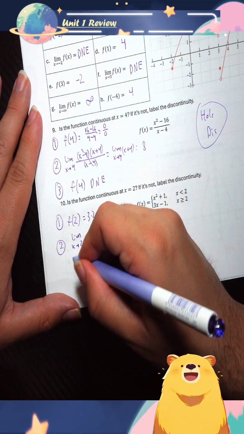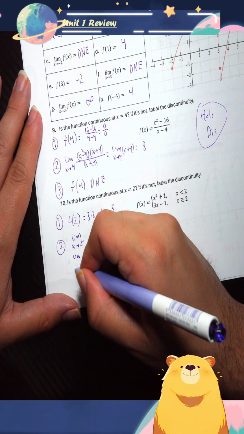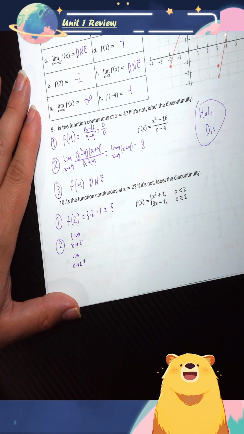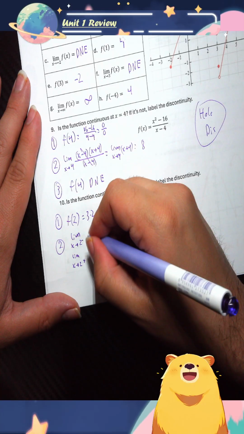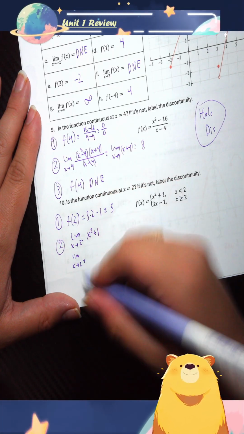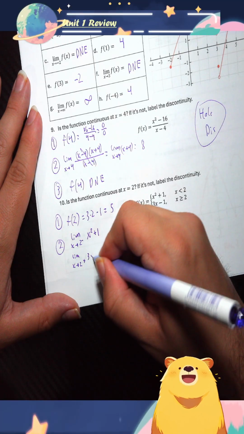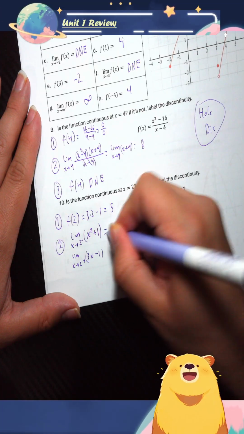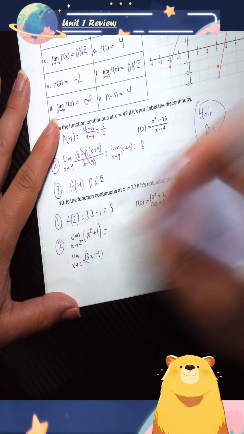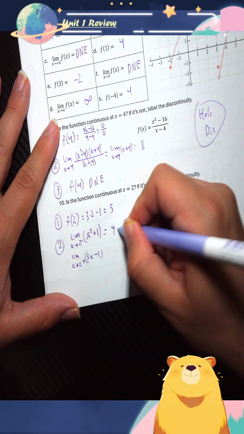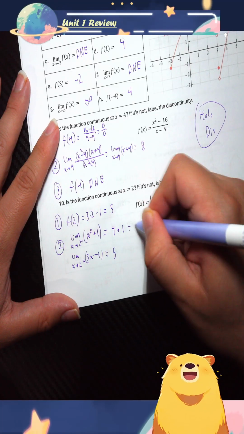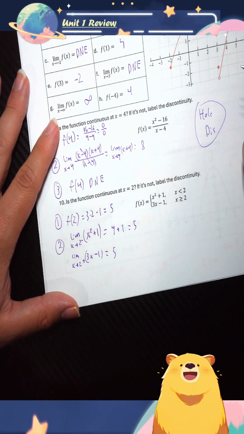So we have the limit as x goes to 2 from the left, and the limit as x goes to 2 from the right. From the left, we have to use the function on the top, x squared plus 1. And from the right, we have to use that function, 3x minus 1. From here, I'm just going to use good old substitution. We get 4 plus 1, and here it's the same thing that we did over here, so we get 5. 4 plus 1 is 5. So they match.